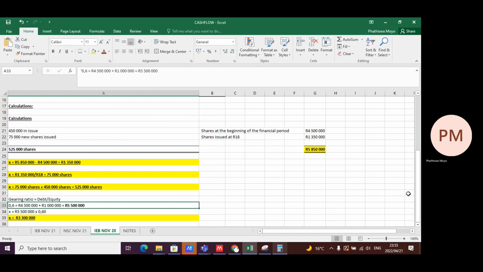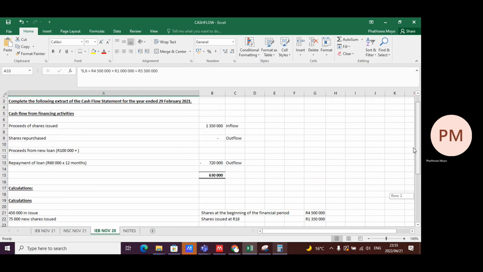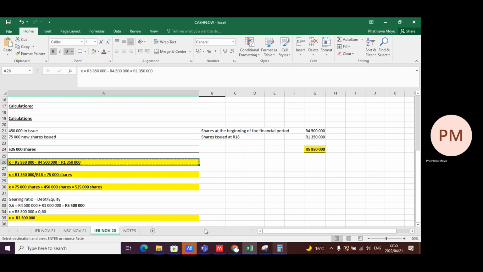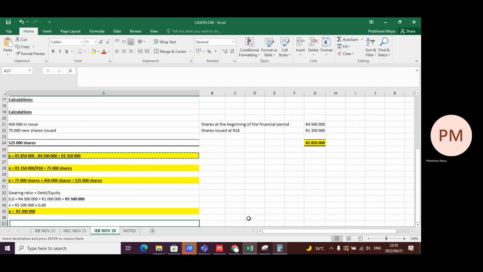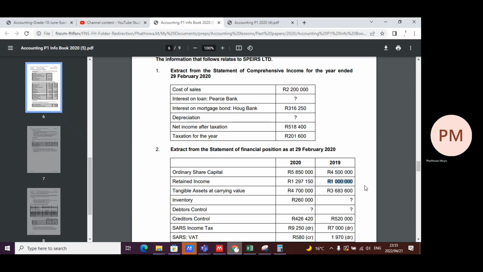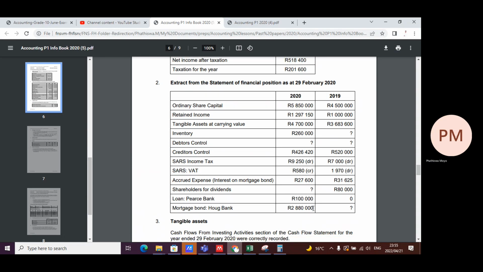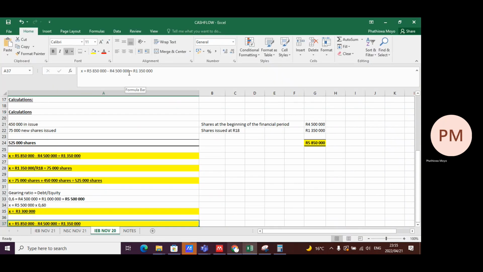So now we have our opening balance. We can solve for X now, finding out the increase on the loan.